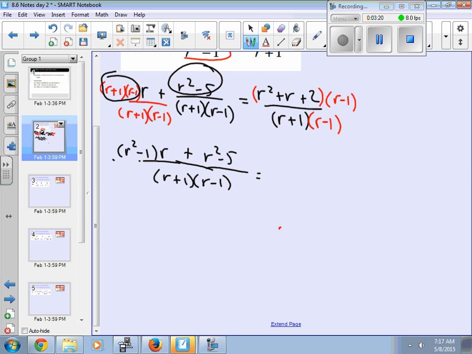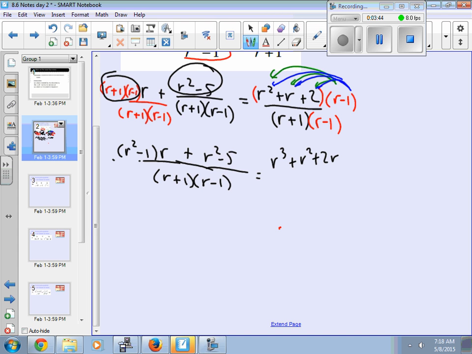On the other side, it looks like there is some multiplying we could do up here. We should distribute. We should multiply r to all of these, and we should multiply a negative 1 to all of these and see what we get. So if we do that, you're going to get r cubed plus r squared plus 2r.